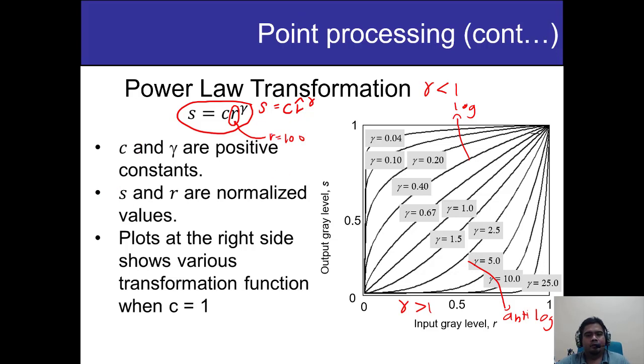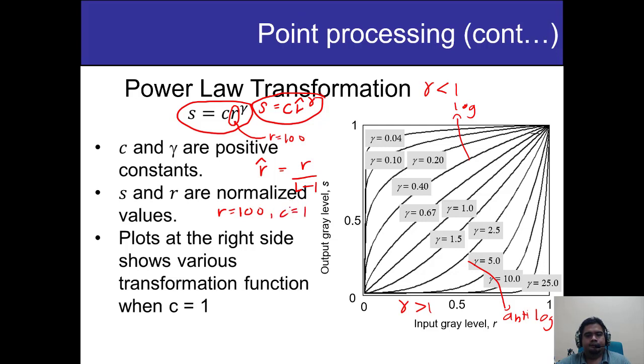Actually, the actual formula should be like this, where the R hat here is a normalized R, defined as your R divided by L minus 1.